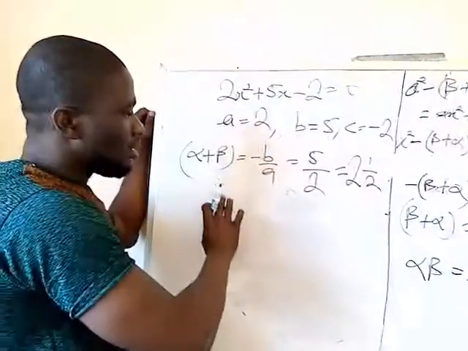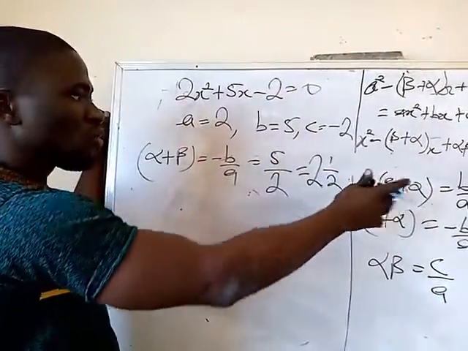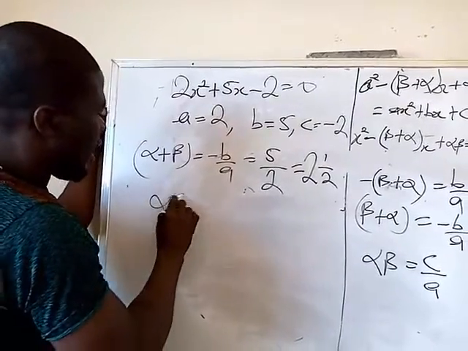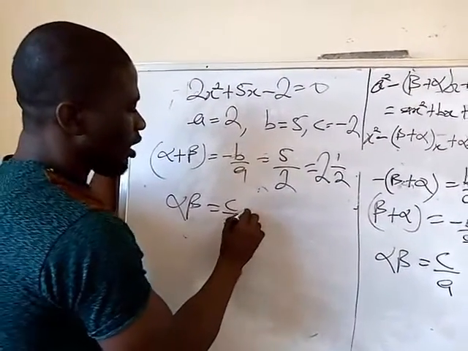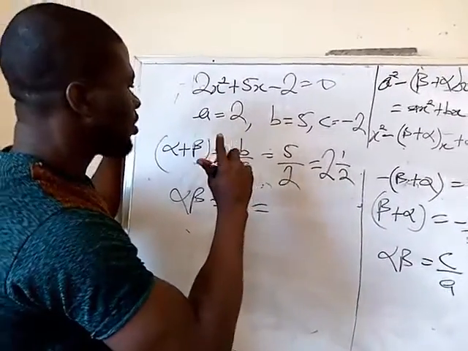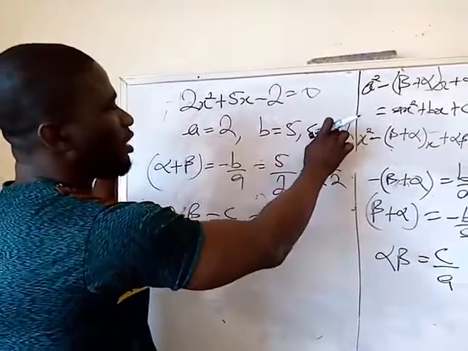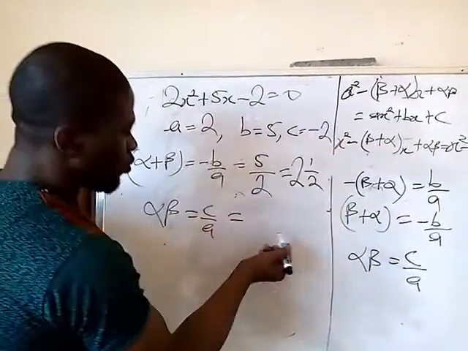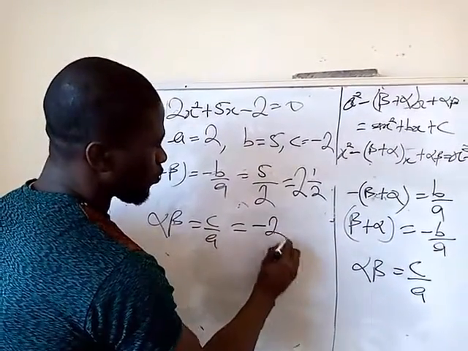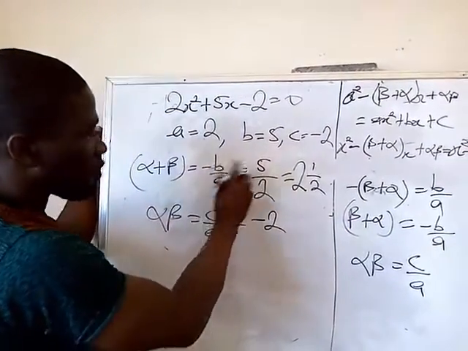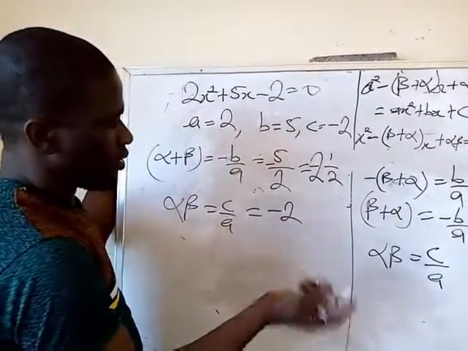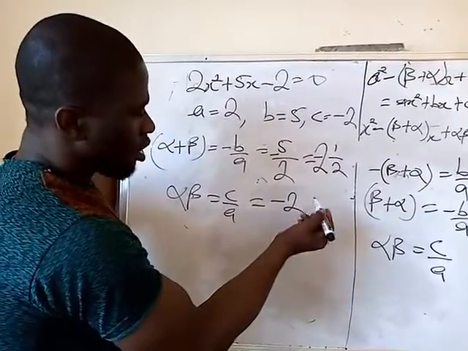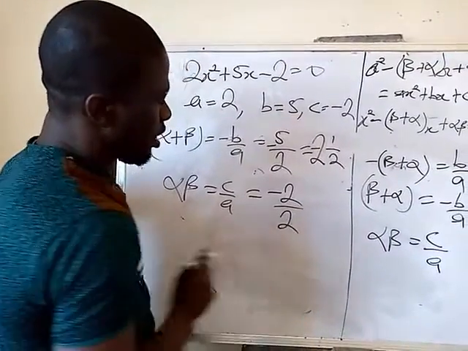The next one, for the product, alpha beta equal to c over a, is equal to c, which is minus 2, over a, which is 2.